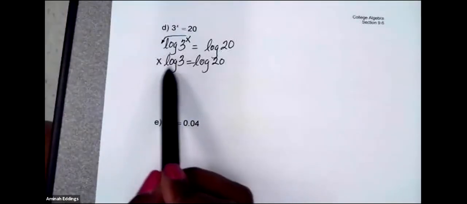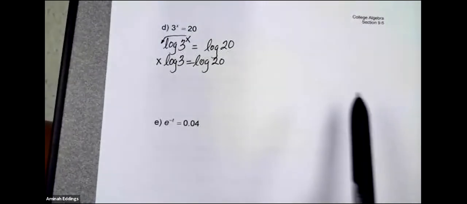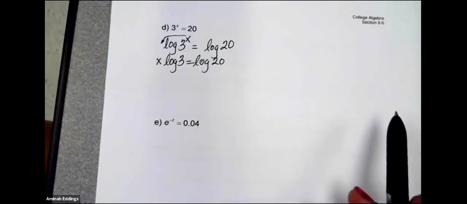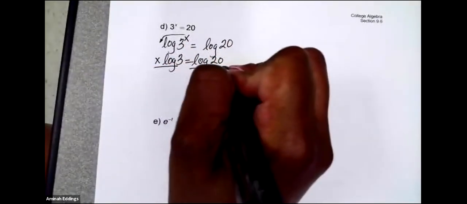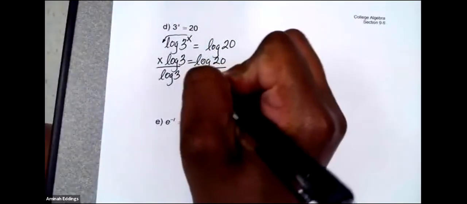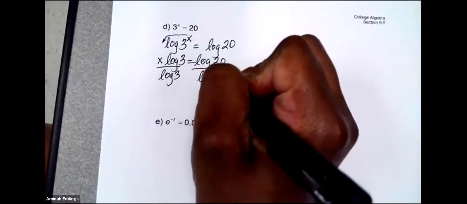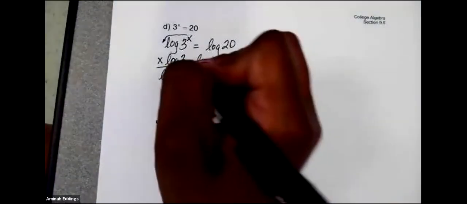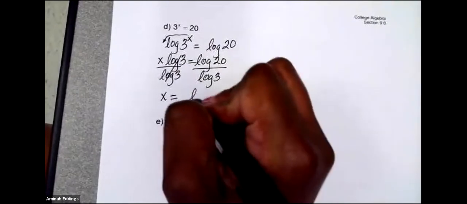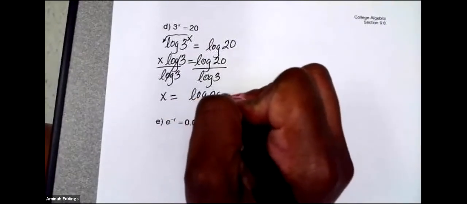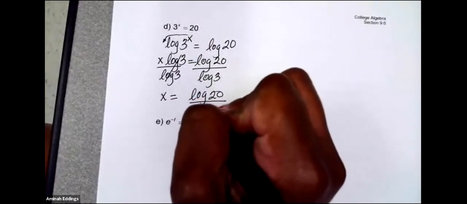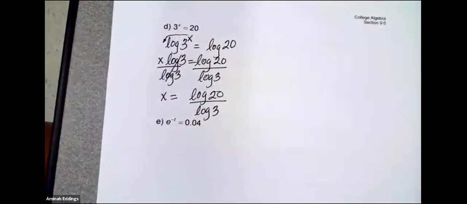And it's being multiplied. So what's the reciprocal of multiplying? Division. So to get rid of log 3, I'm going to divide both sides by log 3. And so that gives me x is equal to log 20 over log 3.